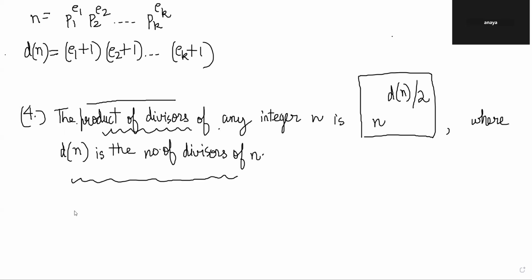So we have divisors like 1, p1, p1 square till p1 power e1.